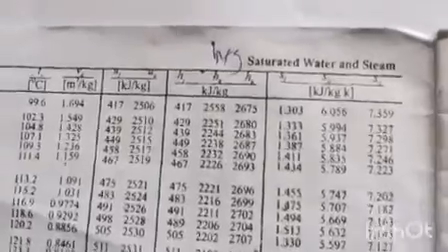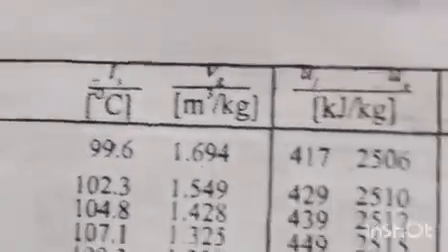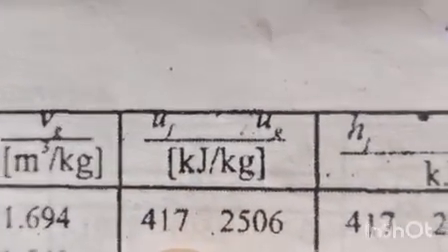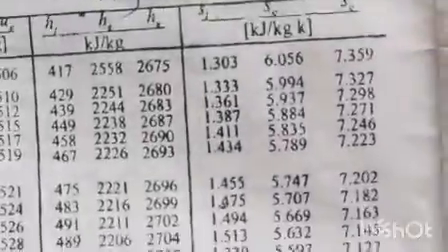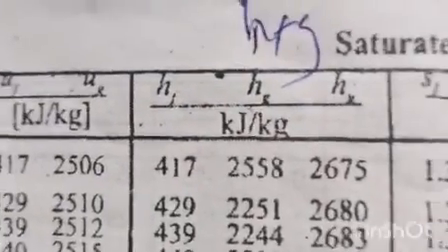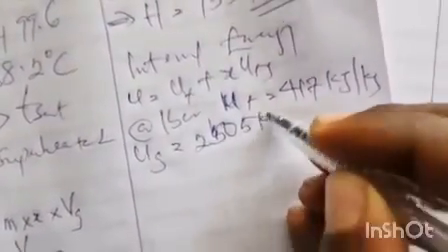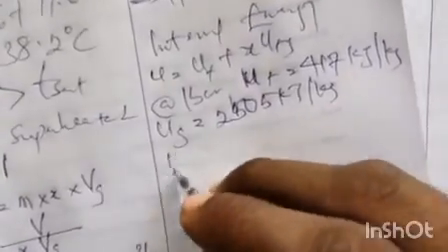Still at 1 bar in the saturated water and steam table, UF is 417 kilojoules per kilogram and UG is 2505 kilojoules per kilogram.